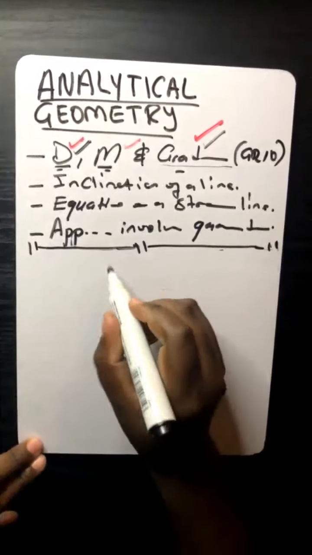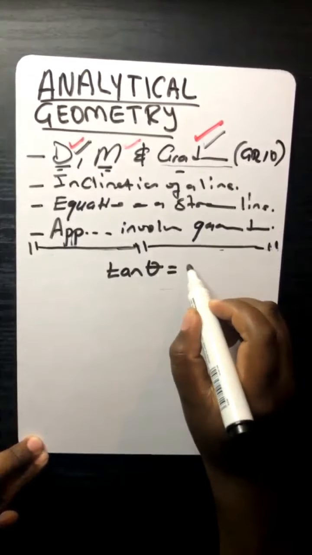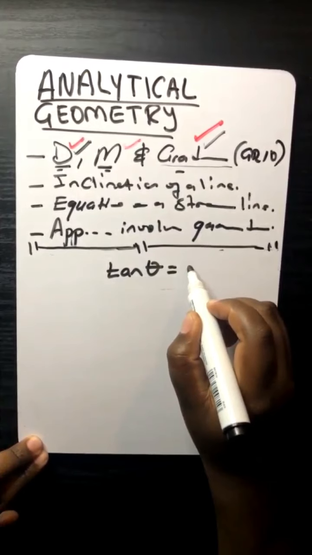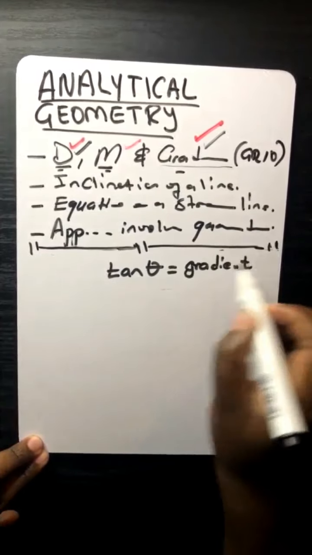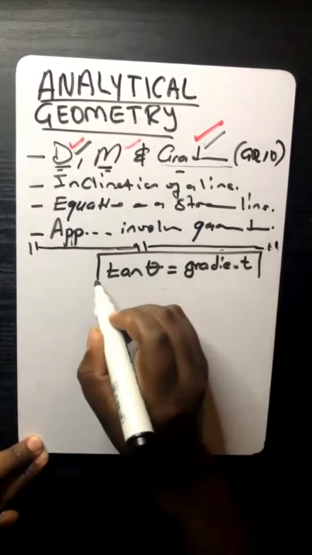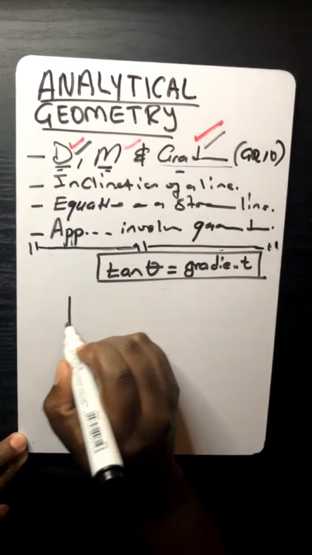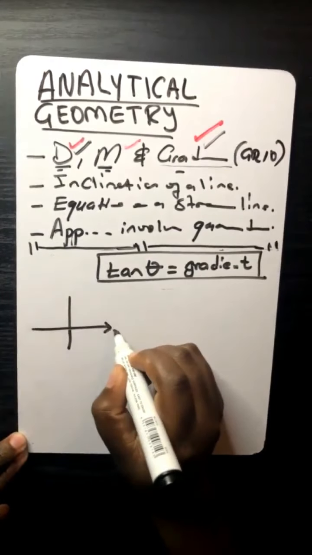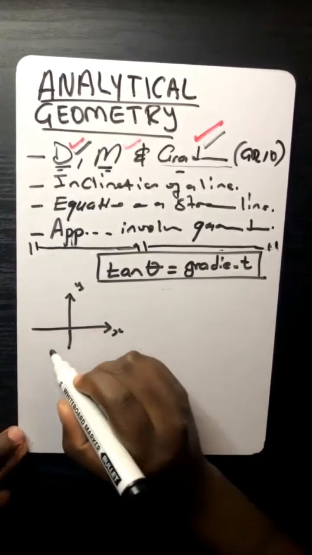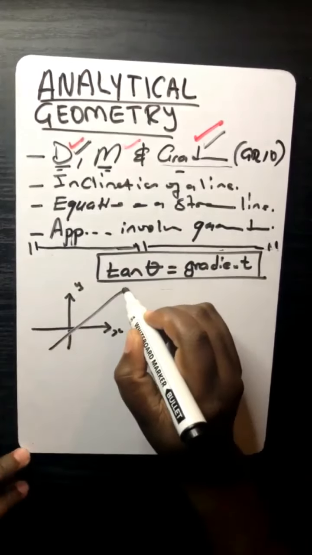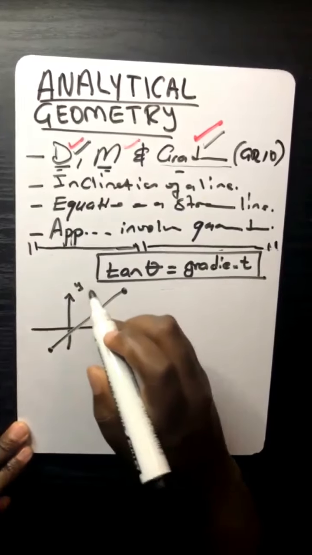So we are saying tan angle is equal to the gradient. You remember that gradient and slope are one and the same thing. So remember, guys, let's say we've got a Cartesian plane with x and y. And let's say we've got a line which has 2 points. So let me just extend that.